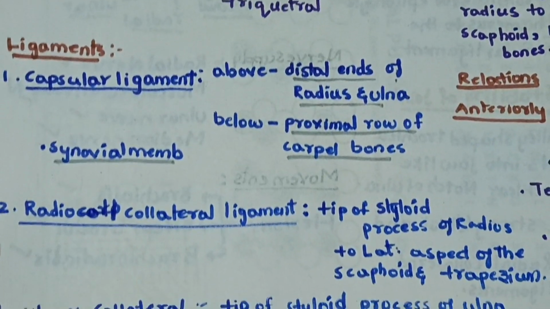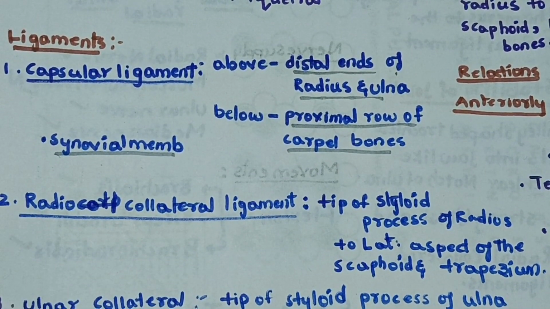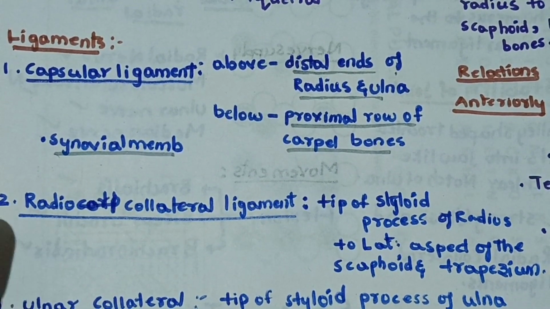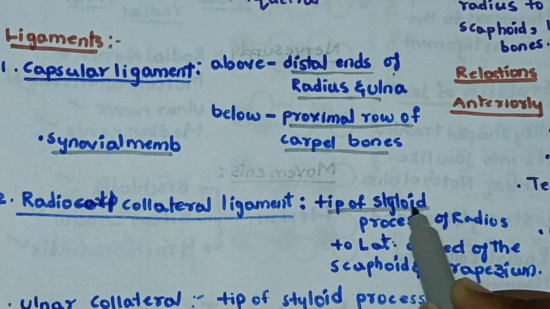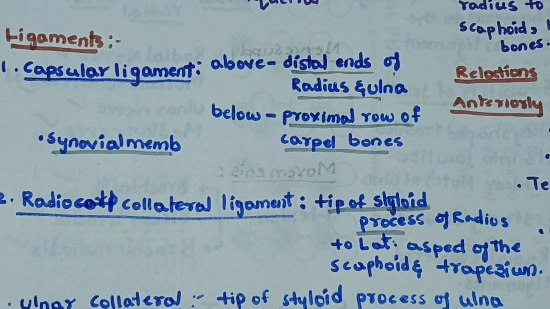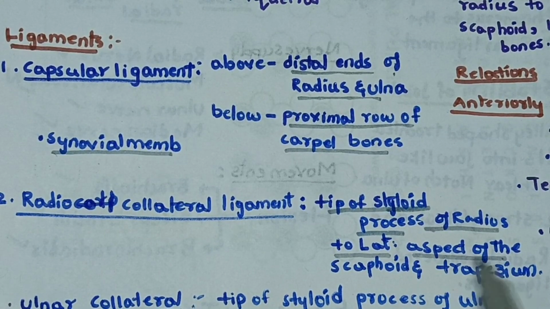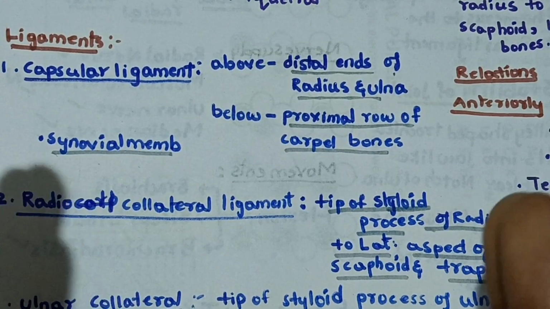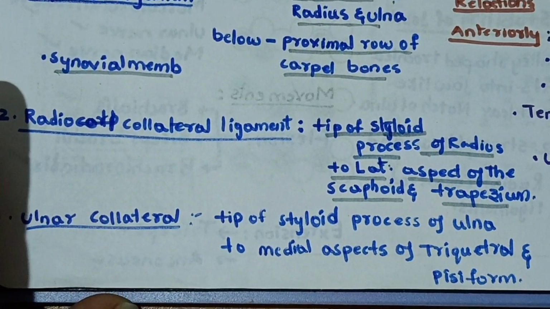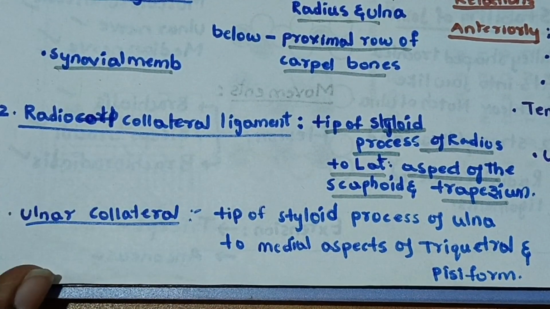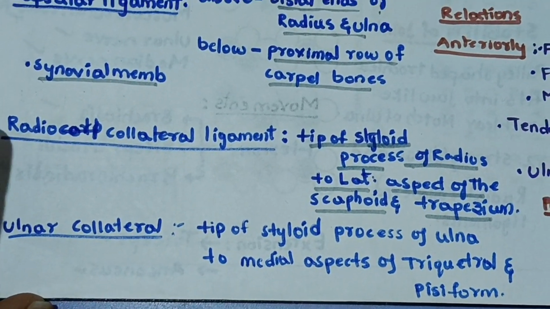So now the next ligament is the radiocollateral ligament, which extends from the tip of the styloid process of the radius to the lateral aspect of the scaphoid and trapezium.